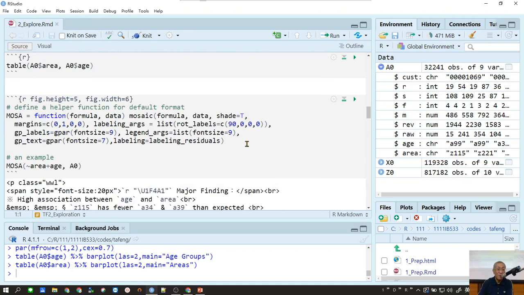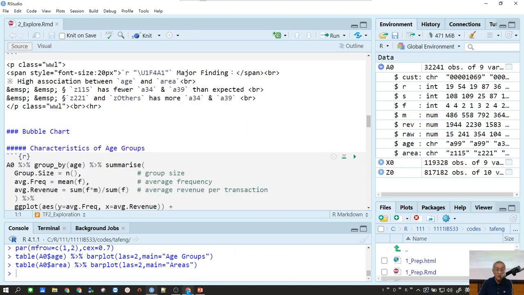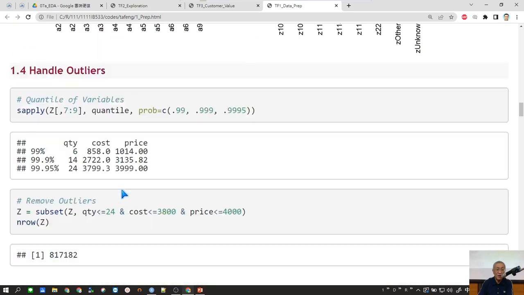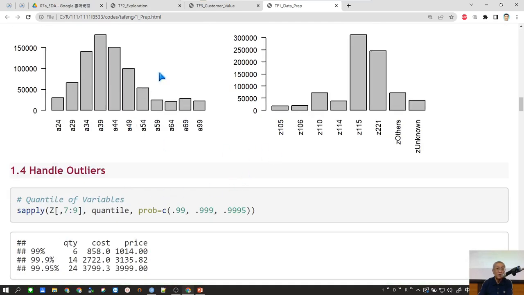Now, sometimes you want to understand not only one variable. When we are doing exploration, the difficult thing is that you want to see the relationship among the variables. That's where the complexity kicks in.